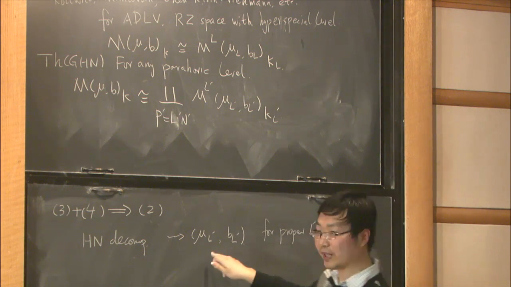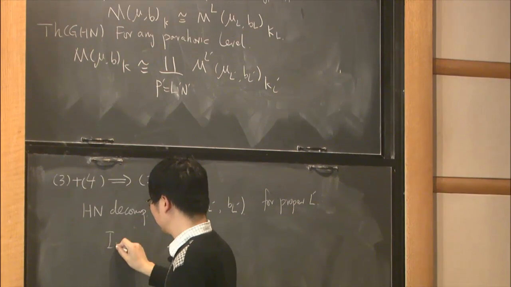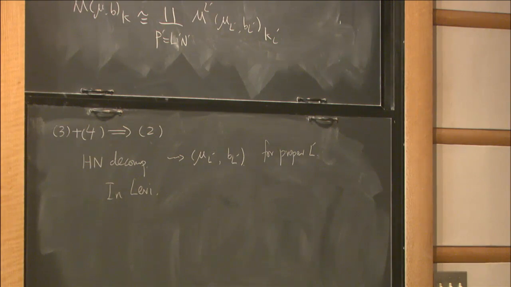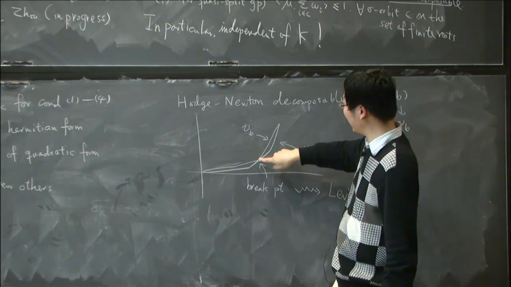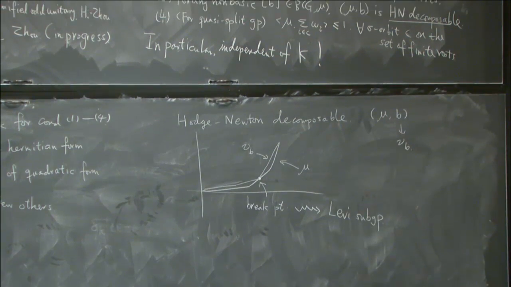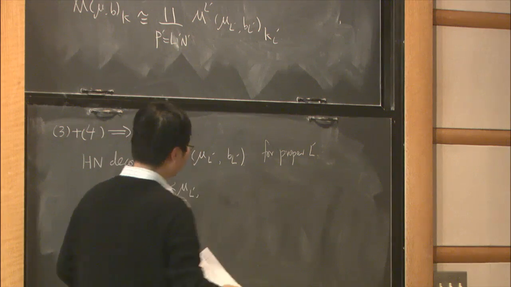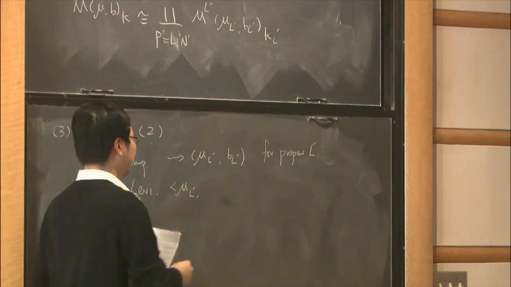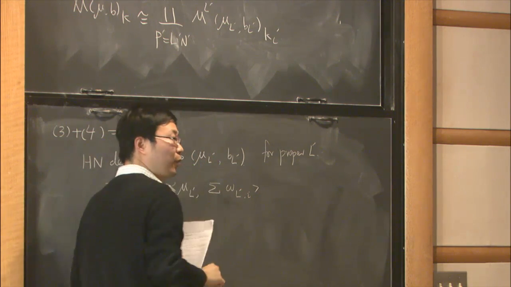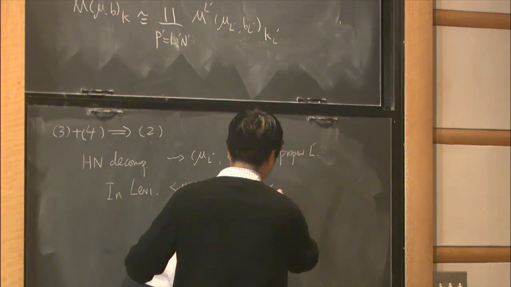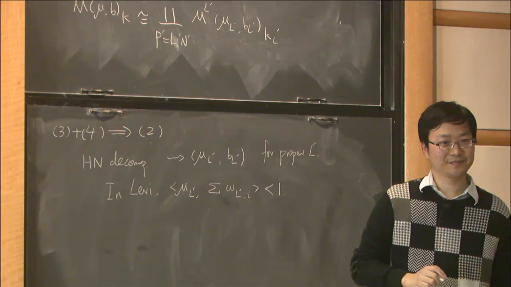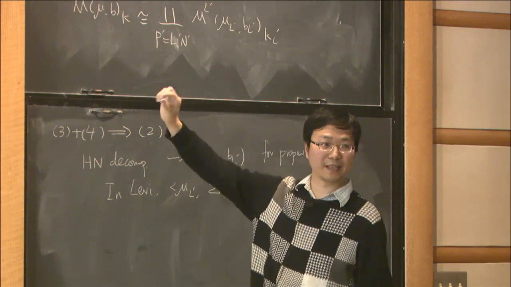Now, if you restrict this to the Levi, we have some common breakpoint. This common breakpoint, if you forget about it, will actually contribute to this term. If you only look at the corresponding part for this Levi, and then do similar computations for the fundamental weight of this Levi, it becomes less than 1, because the breakpoint makes some contribution to that summation.